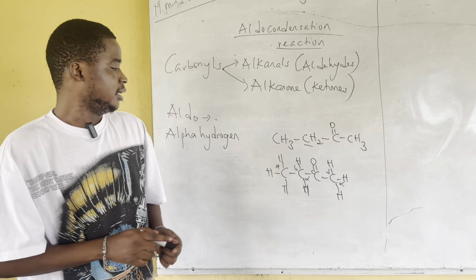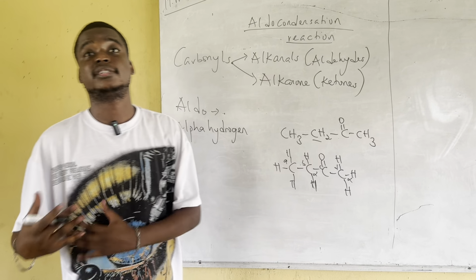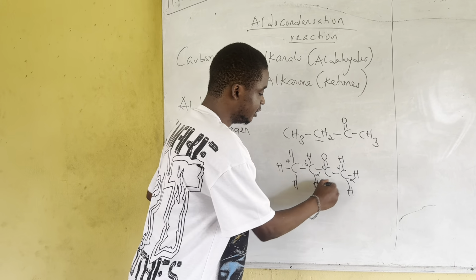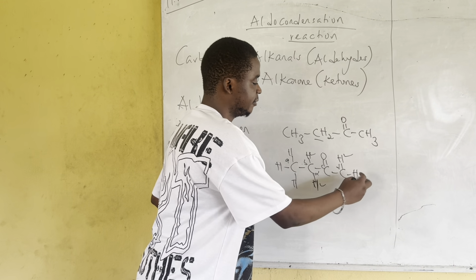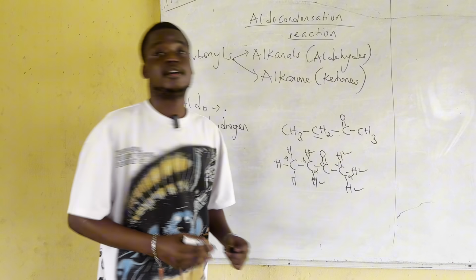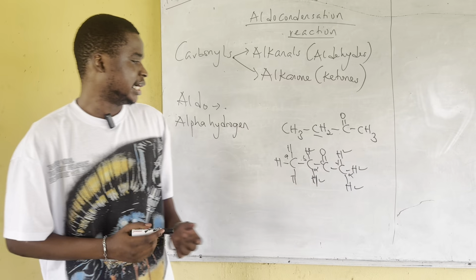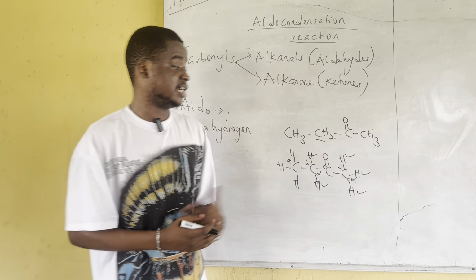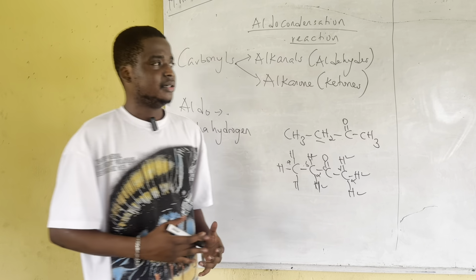Now, any hydrogen that is attached to an alpha carbon is called an alpha hydrogen. So in this structure, these hydrogens that I'm going to mark, this, and this, are called alpha hydrogens, because they are connected to an alpha carbon.